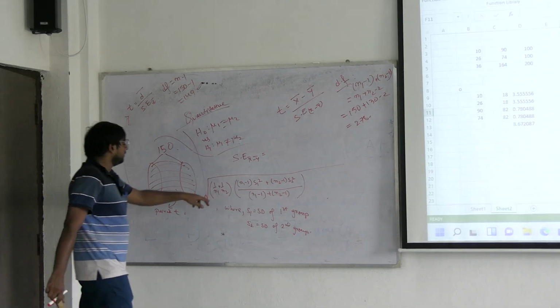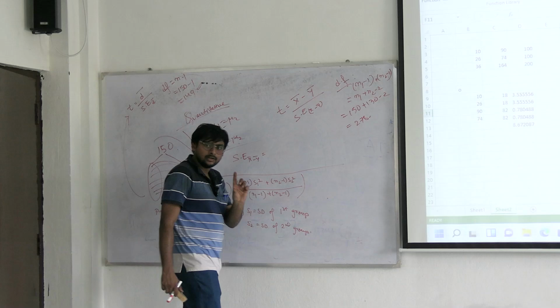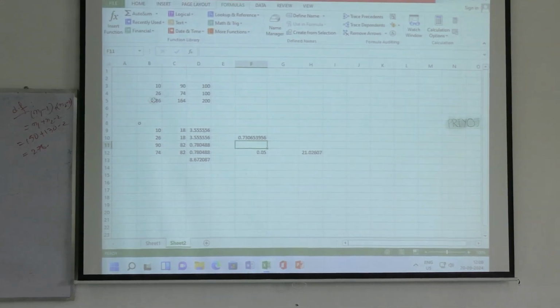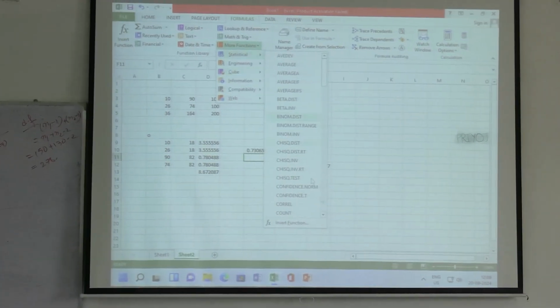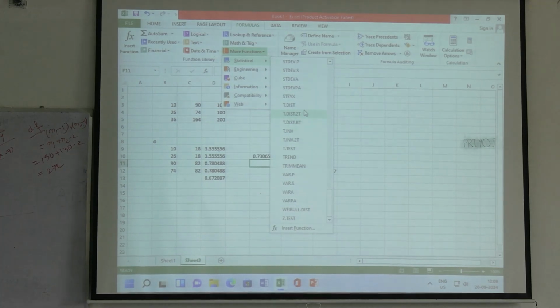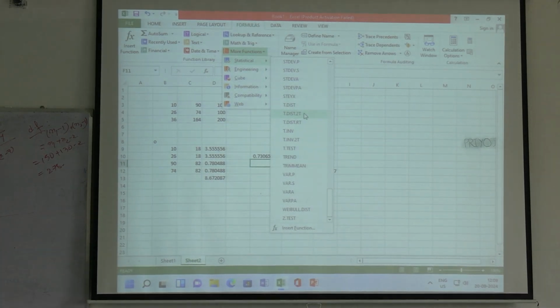Okay, we draw these formulas, we derive these formulas, take out a value and do the same thing here. The same way we do the chi-square statistic test, the same way we do this. We go to more functions, statistical, just like chi-square we have t. Understood? But one thing, always use 2 tail.